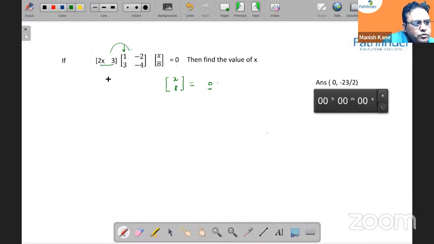No. So 2x plus 3 is the first element, and 3 3s are 9. So 2x plus 12 is the first element, and second element is minus 4x minus 12. And now you have to multiply this, and what do you get?